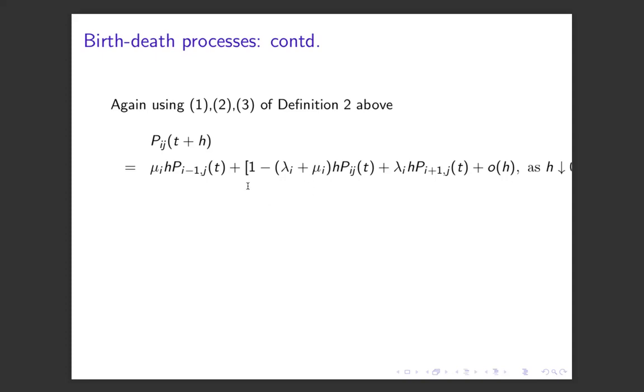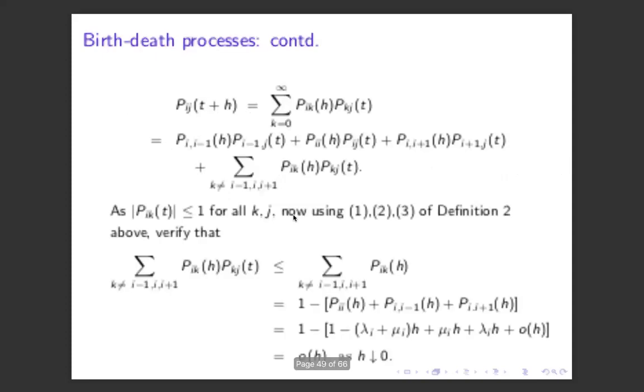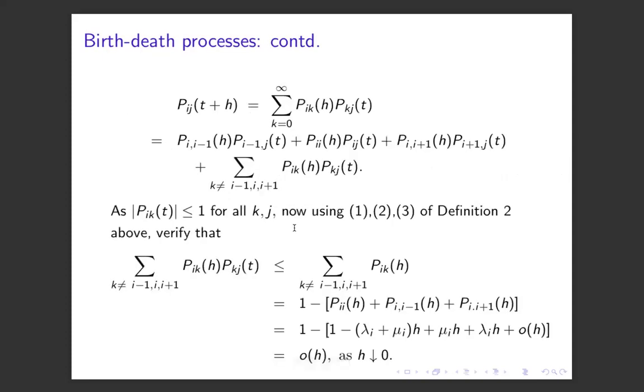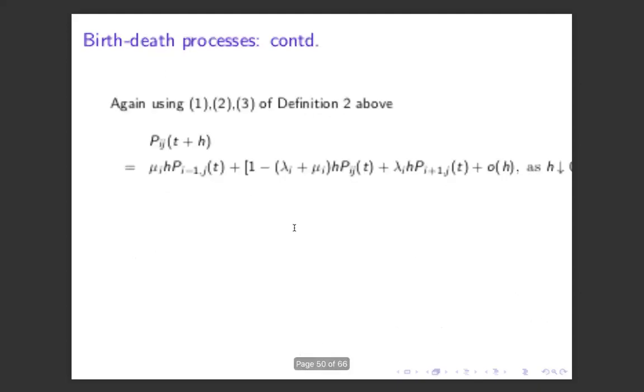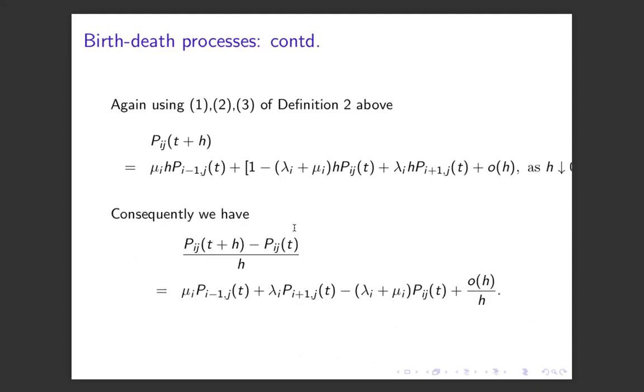So that here you get Pijt times 1, and that you take it to the other side. You take 1 multiplied by this to the other side, and then divide by h. So this h gets knocked off, this also gets knocked off, and this also gets knocked off.